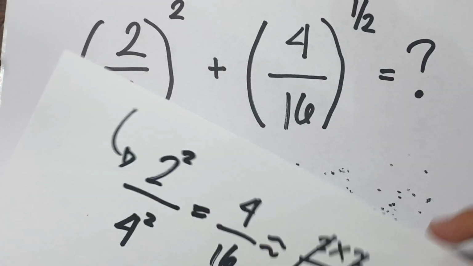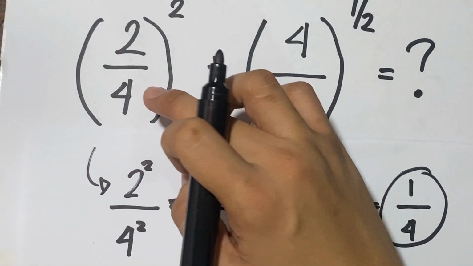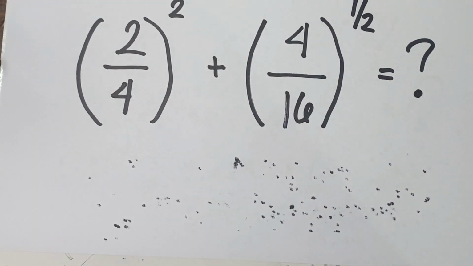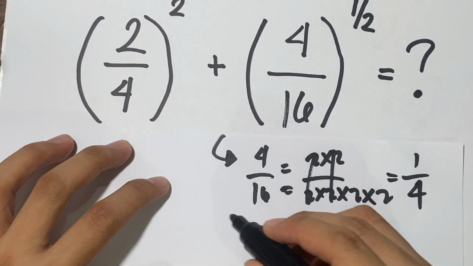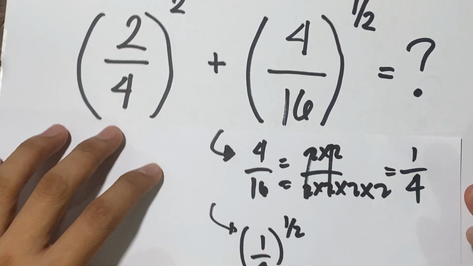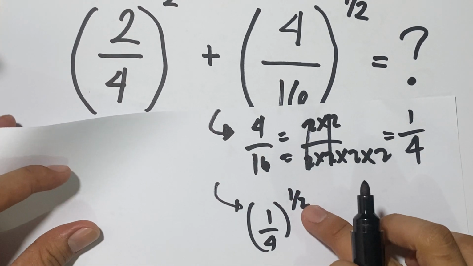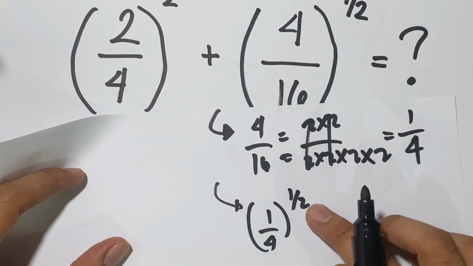This is equal to what we would get when we distribute the exponent. So we have 1/4 here raised to the power of 1/2. We all know that when a number is raised to a fraction like 1/2, we are getting its root.